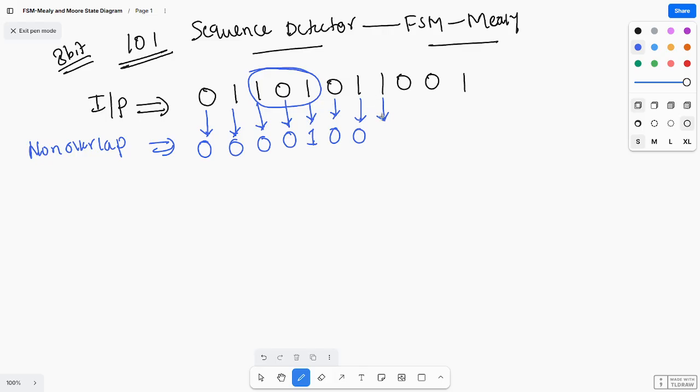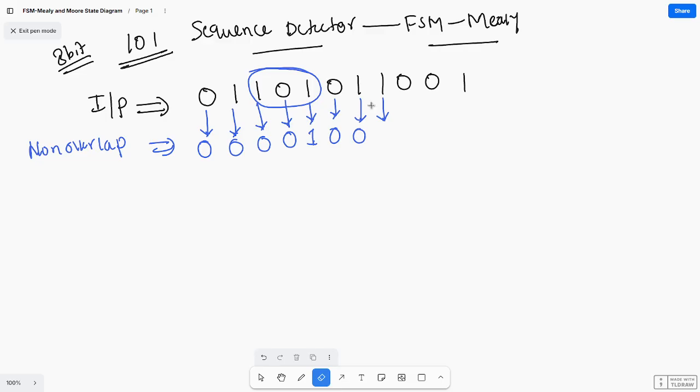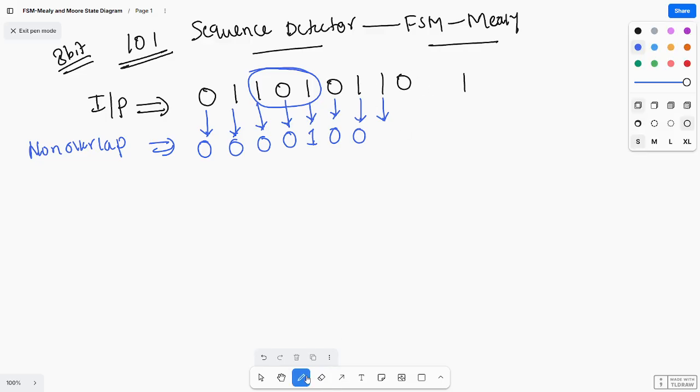Suppose here 1 is there, so I am checking for the sequence. 0 only, 1 1 0, I didn't get the sequence, the output is 0. Again 1 0 1, I got the sequence, the output becomes 1. Again it will start from here. Then 0 1 1 1, I didn't get the sequence, the output is 0. So this is nothing but non-overlapping.